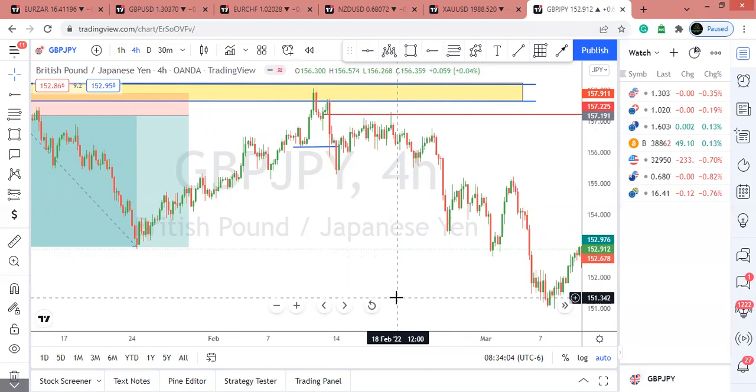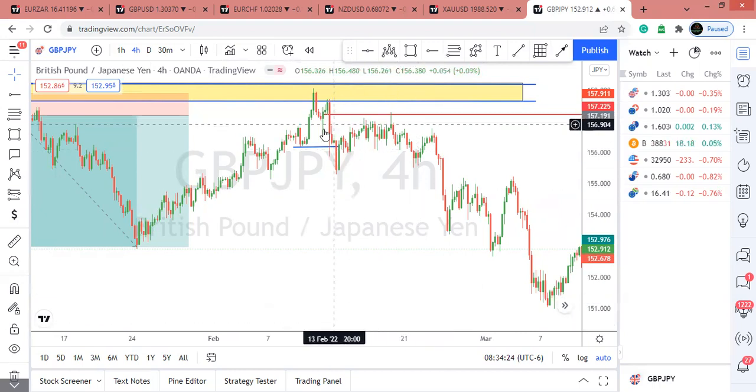An engulfing candle doesn't just appear anywhere on the chart. Whenever you have an engulfing candle, it always appears at a pivotal point in the market, where the market is about to change direction.